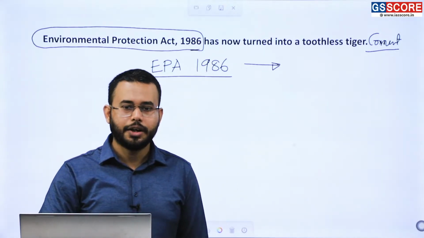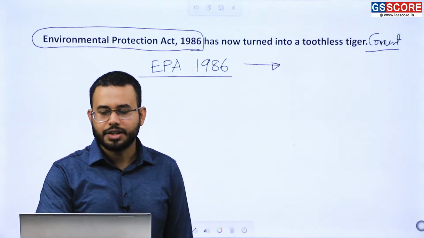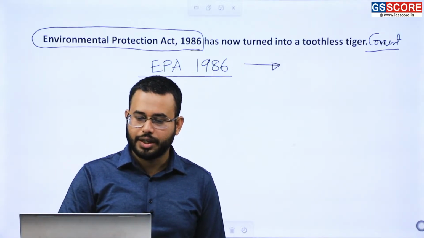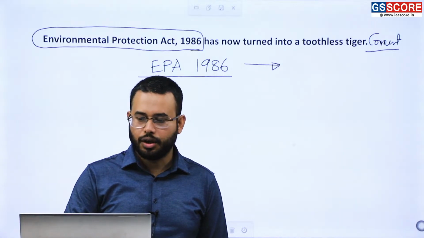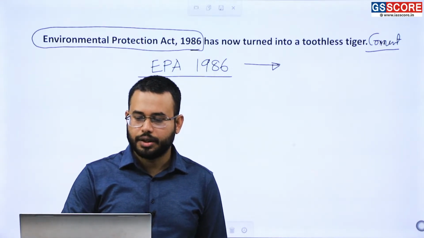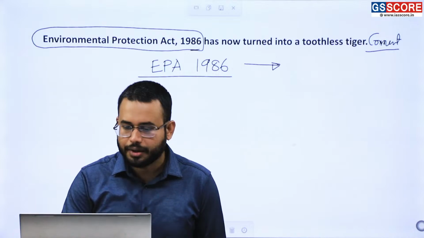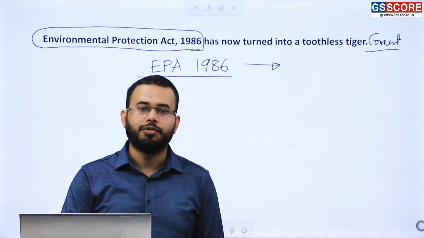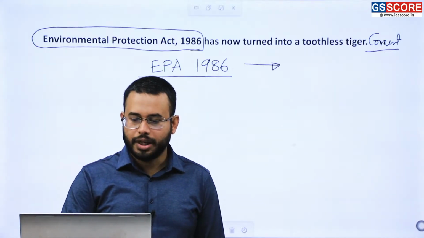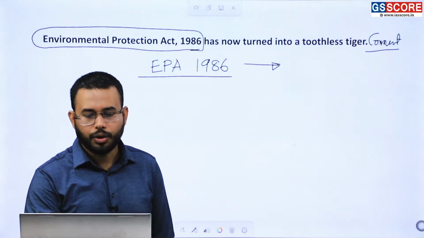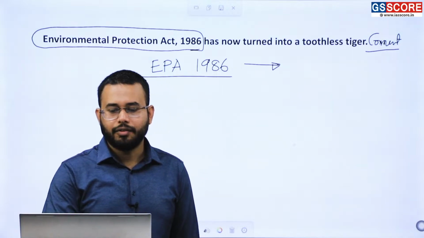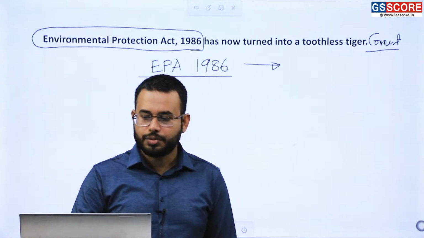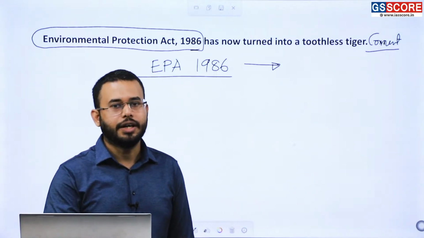Second, inadequate implementation. While the EPA lays down comprehensive regulations for various aspects of environmental protection, including air and water pollution control, hazardous waste management, and environmental impact assessment, implementation often falls short. Many industries continue to operate without obtaining necessary environmental clearance or complying with pollution control norms, leading to environmental degradation.